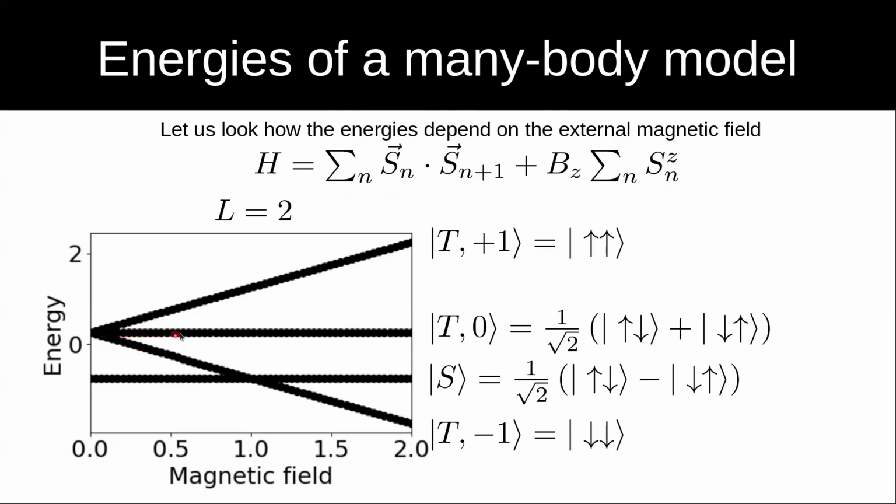The state that remains completely constant is a state that belongs to the triplet, but has a net 0 spin in the z direction because it's this linear combination. And this state that goes up in energy has a total spin up, up, so equal to 1. And the other one that goes down has a total spin equal to -1. And therefore, thanks to this finite spin, you get a linear evolution of the energy as a function of the magnetic field.